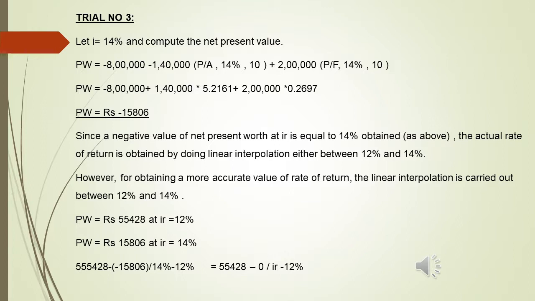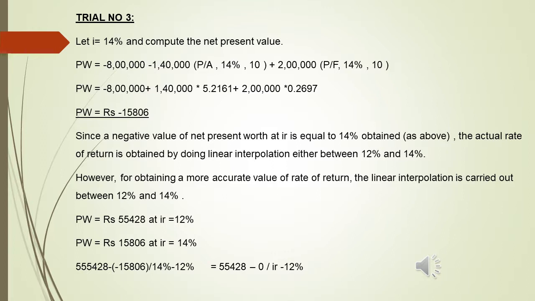Again in the third trial I have taken I as 14%. So for 14% I will equate, and I will get my answer as minus 15,806. Okay, here now there is a minus. In trial number 2, I have 54,428, that is positive, and for the third trial I am getting minus 15,806.